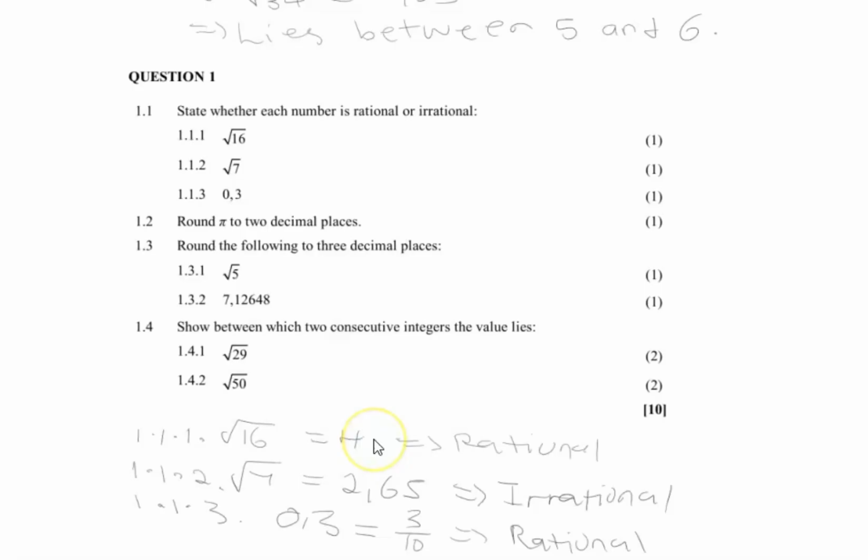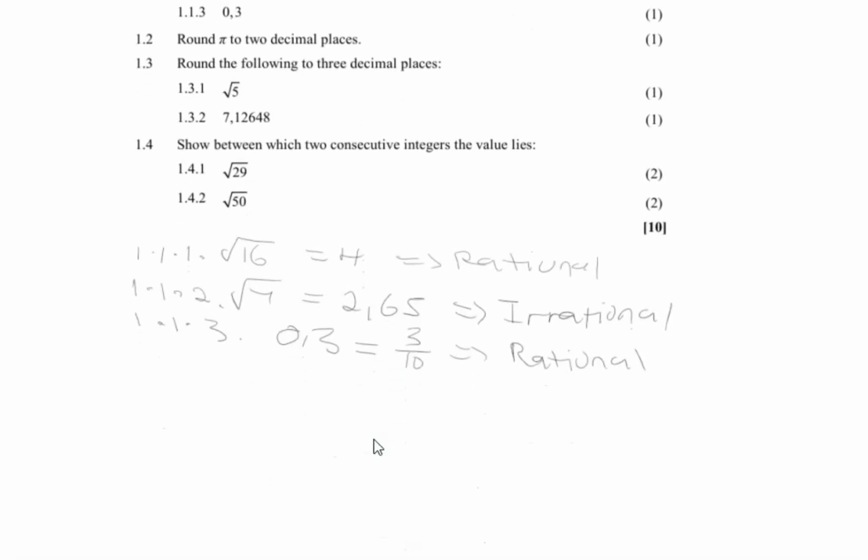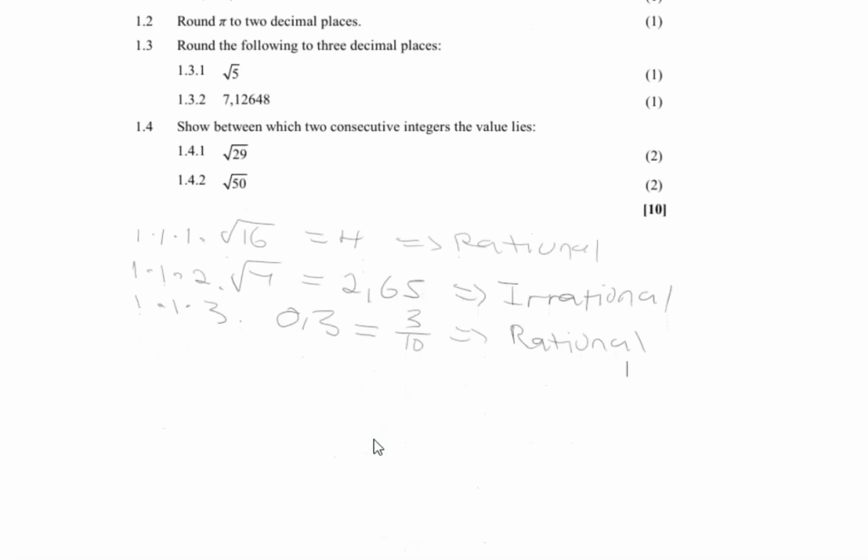So question 1.2 reads: round pi to 2 decimal places. So in 1.2, you are given pi. You cannot answer the question when you are just given pi. What you have to do is to write pi in decimal form.